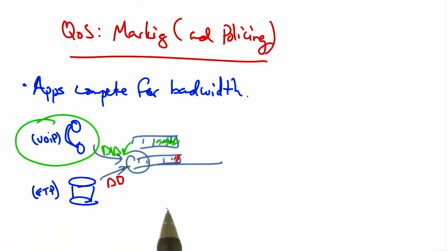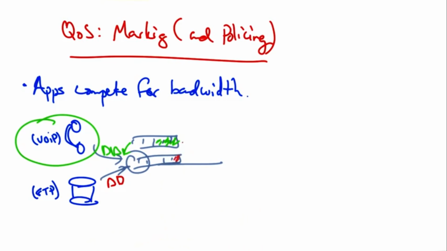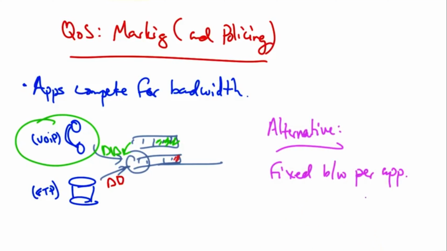You might imagine implementing this with priority queues, where the VoIP packets are put in one queue and the file transfer packets are put in a separate queue that is served less often than the high priority queue. An alternative is to allocate fixed bandwidth per application.